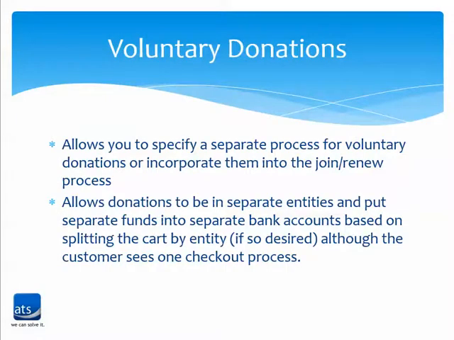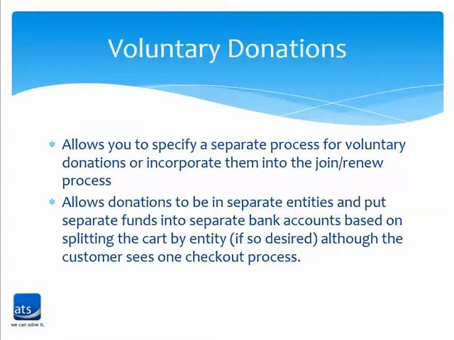For voluntary donations, you can specify them through a separate process, or you can incorporate them right into that join renew process as I showed you earlier. The system will allow for donations to be in separate entities, so they could have different cash accounts and different gateways.